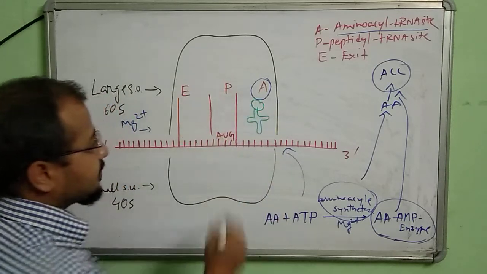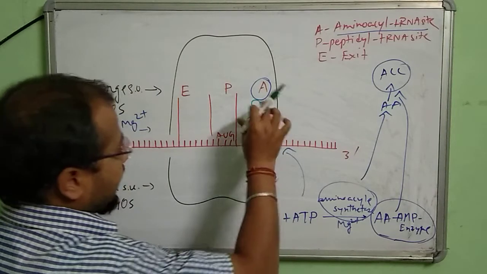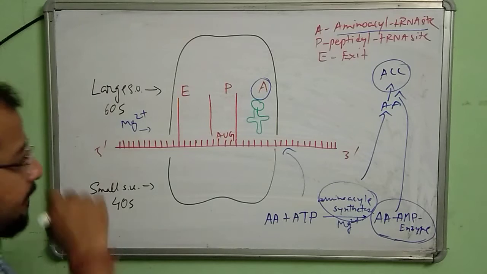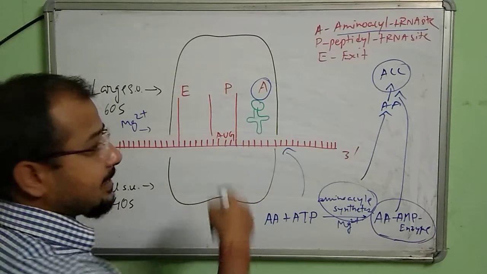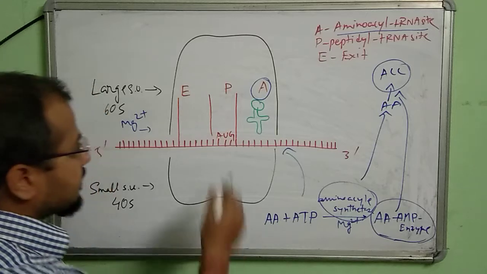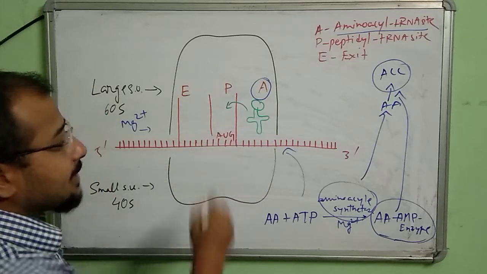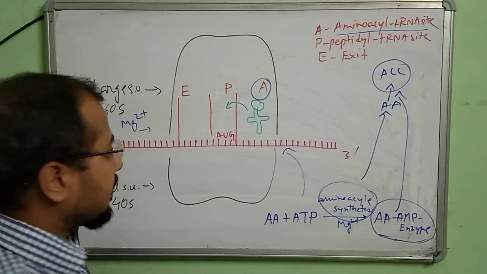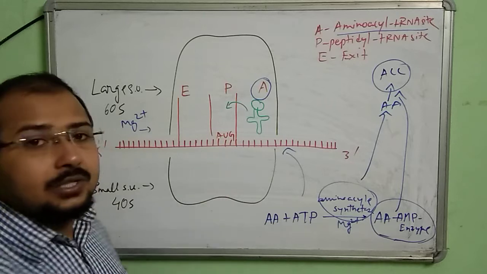The tRNA comes with the amino acid at this A site and binds here. Now from this A site, this combined structure needs to come at the P site, and you can see here is the codon AUG.